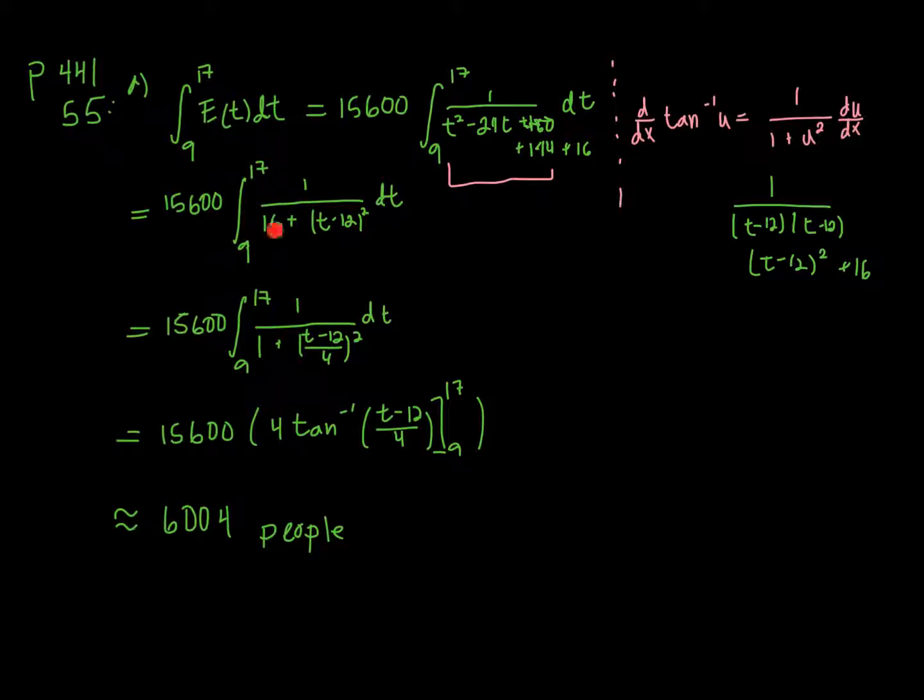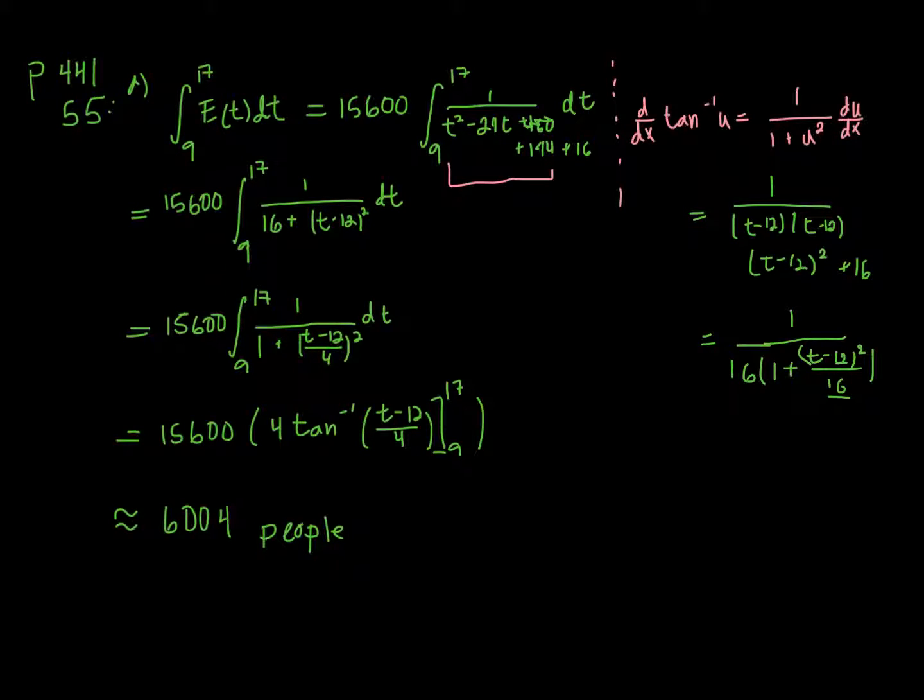And now I simply need to factor out 16. So I'm going to go ahead and factor out 16. So let me rewrite this here. I'll have 1 over 16 times 1 plus, and to factor out a 16, I'll have a t minus 12 squared over 16. Like that.